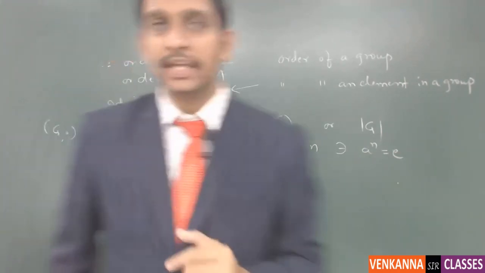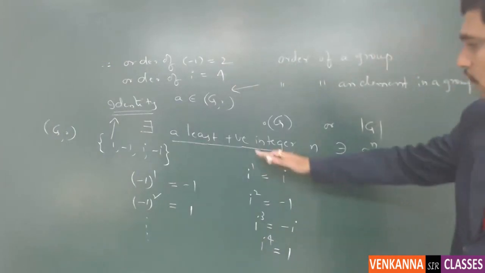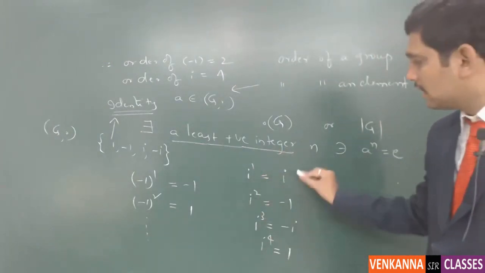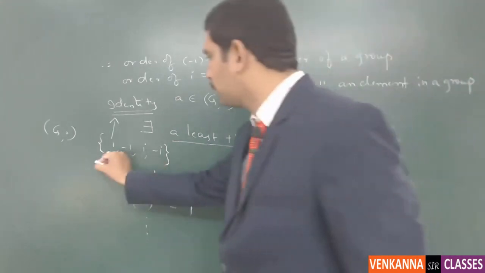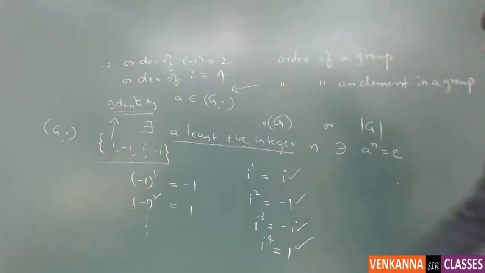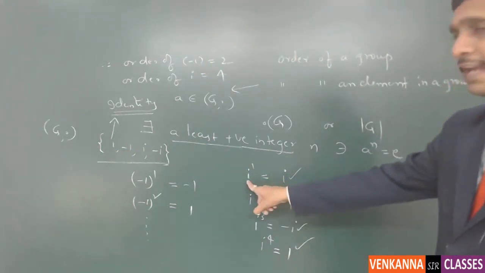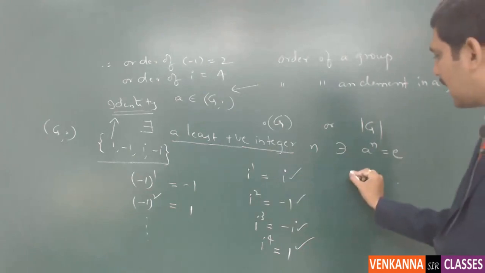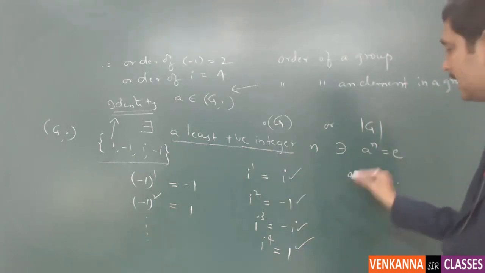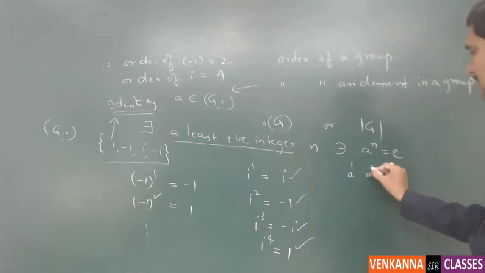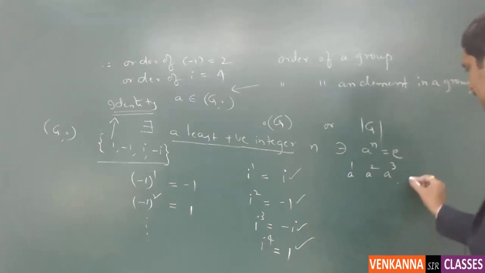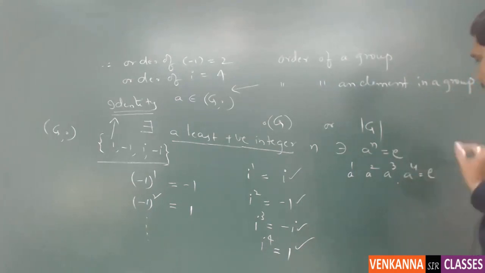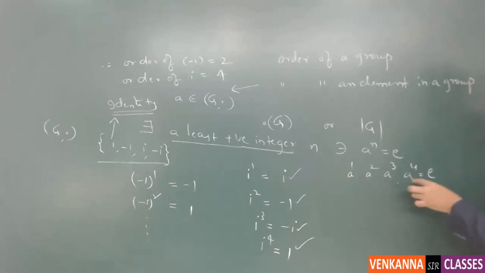And one interesting thing you can observe is that, while considering the powers, the resultant values are nothing but elements in the group. If i is an element, say a, I have calculated the first power, second power, third power, and the fourth power has become identity. All these values belong to G. Can you observe here?